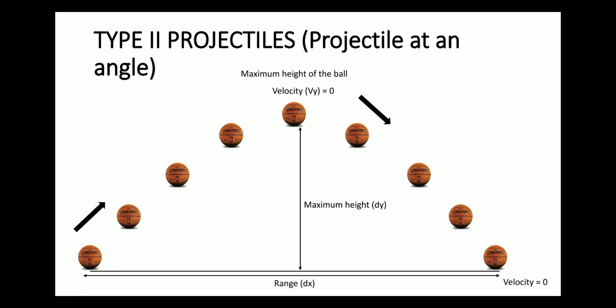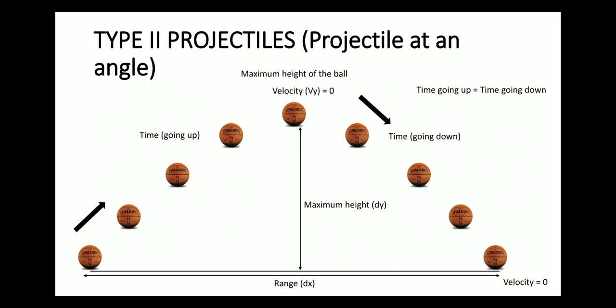Now, take note that there is always time in projectile motion. We have the time where the ball goes up, and also the time where the ball goes down from its highest position. According to the condition of projectile motion, time going up is equal to time going down.